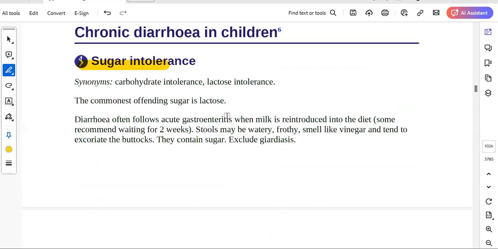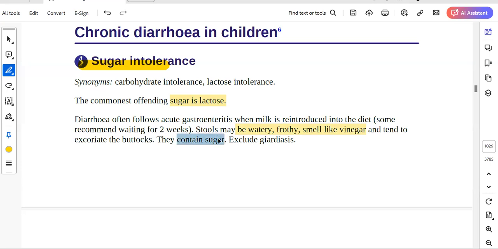Lactose intolerance in children. The sugar in milk is lactose, right? So what happens in children with lactose intolerance is that whenever you give them milk, especially cow's milk, the child can start to have a watery, frothy diarrhea that smells like vinegar. So watery, frothy, vinegar-like smell, that's the time you would think of lactose intolerance.